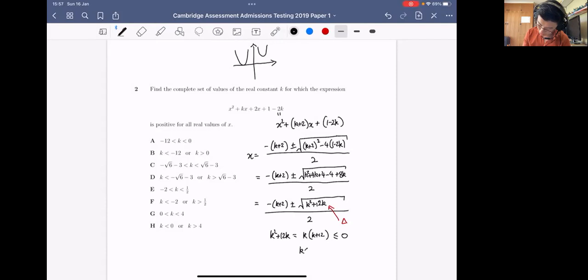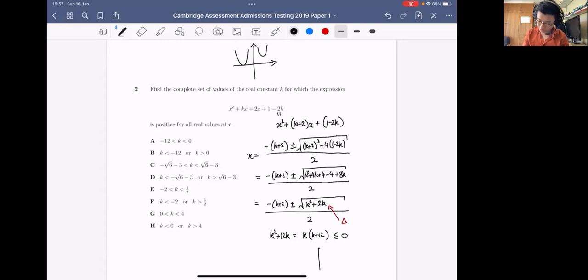Then I guess you would get this, and this, k plus 12.